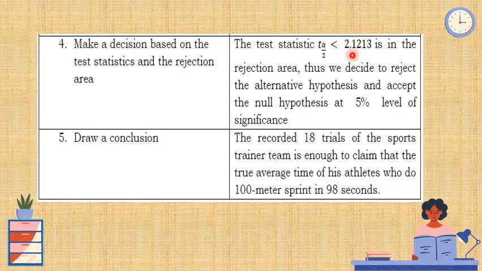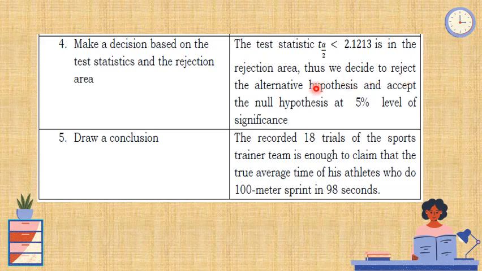And then the 2.1213 is the t-value that we got. So, if you notice, 2.1213 is greater than 2.111. So, therefore, it falls in our rejection region. So, therefore, it is in the rejection area.